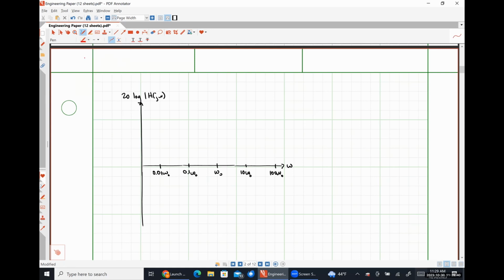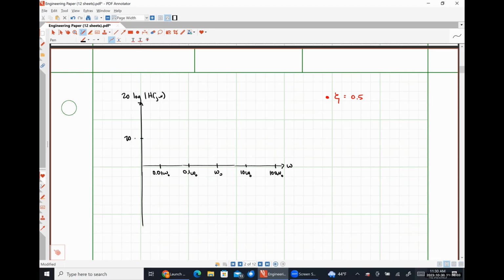This curve that I'm drawing in red will be for zeta is equal to 0.5, where we don't have any correction, okay? And I need to set the limits on my scale here.